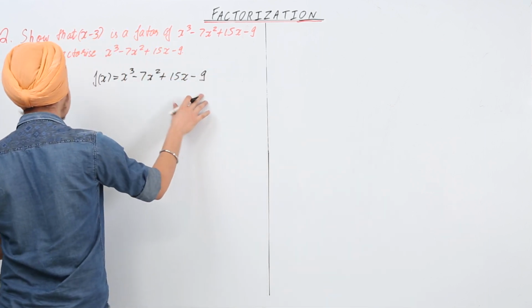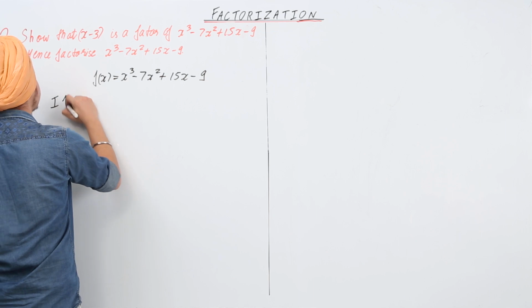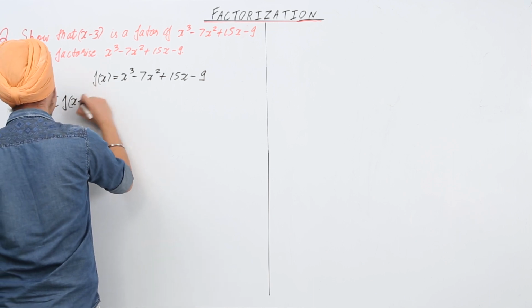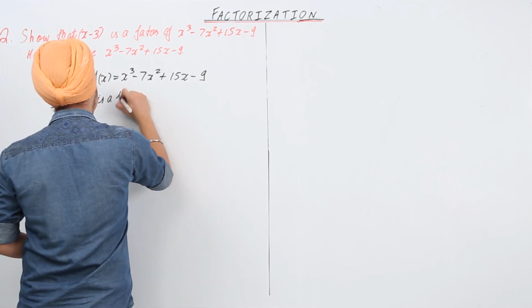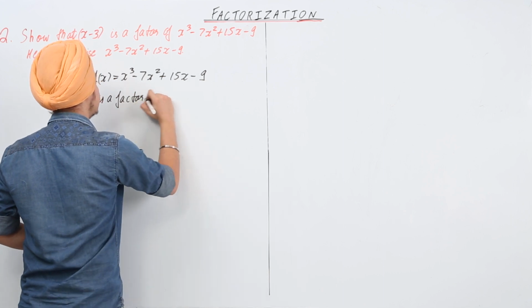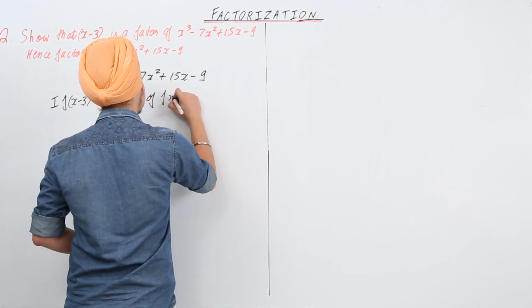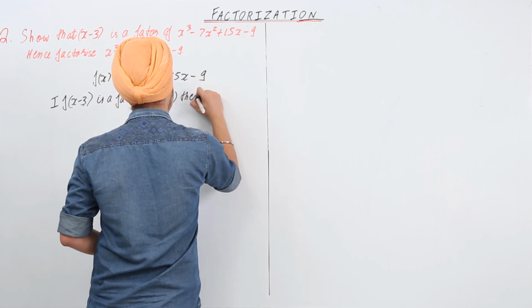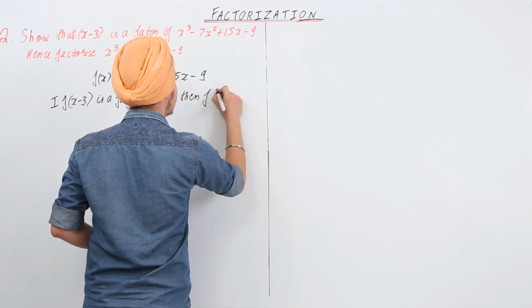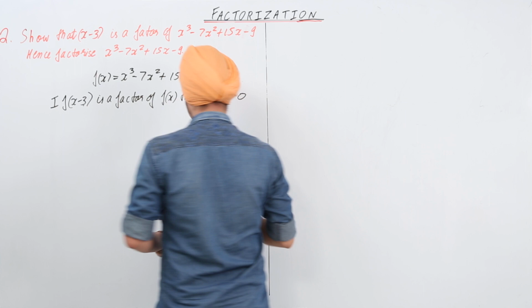So this is f(x). If x minus 3 is a factor of f(x), then f(3) should be equal to 0.